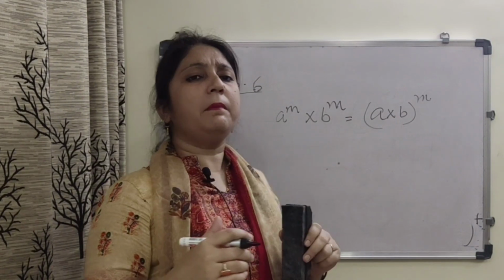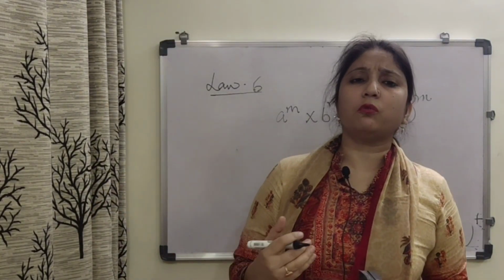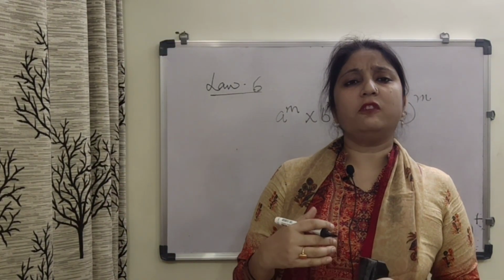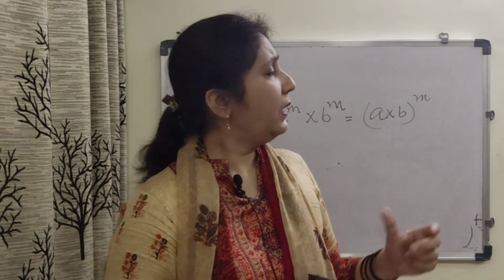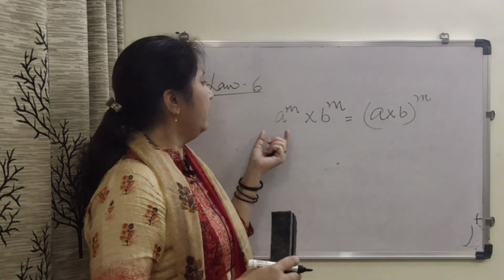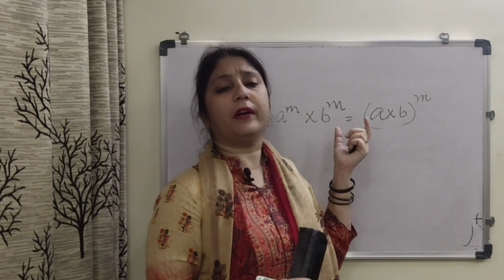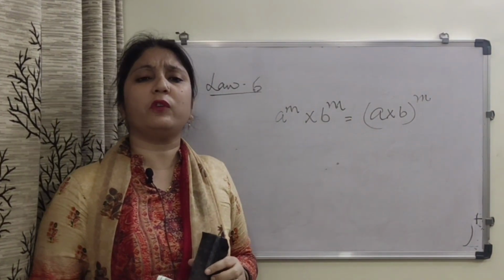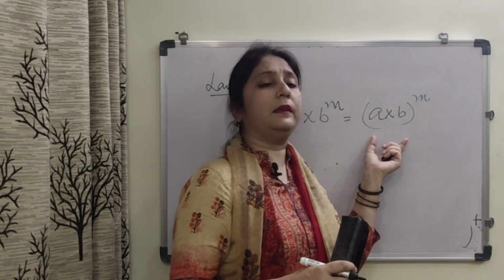If you have seen my previous videos in squares, while checking perfect squares, I made use of this law, where the bases were different but the exponents were same. So, we wrote like this.